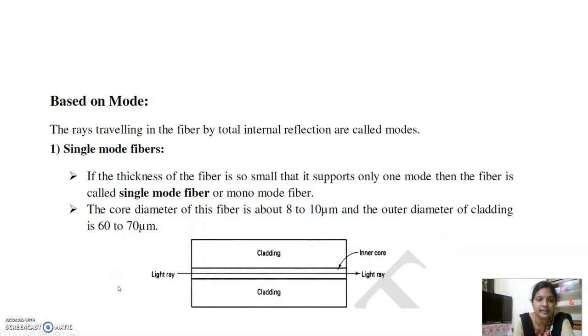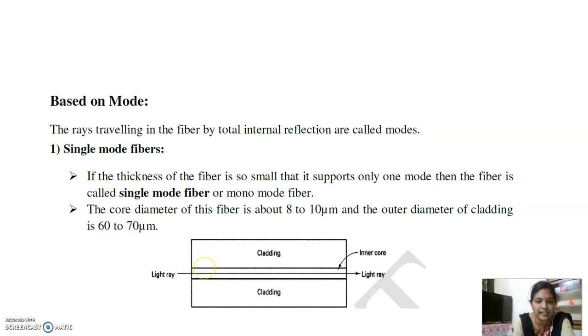So we will discuss based on the modes. Based on the modes, it is classified into single mode and multi-mode. Single mode optical fiber, the name itself says a single mode. Only one mode will enter into the optical fiber here. If the thickness of the fiber is so small that only one mode can enter into the optical fiber, it is called single mode fiber.